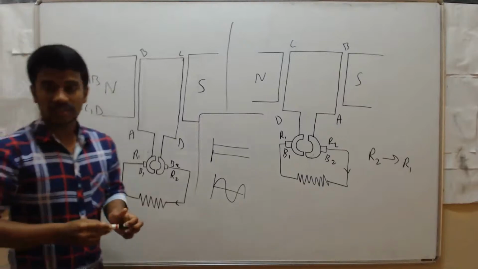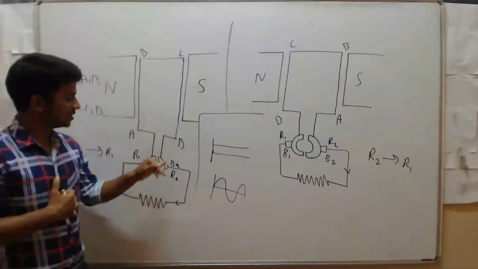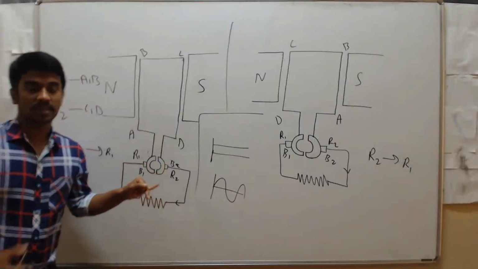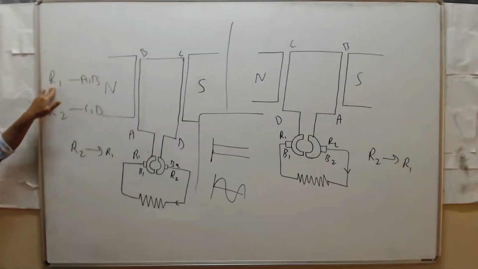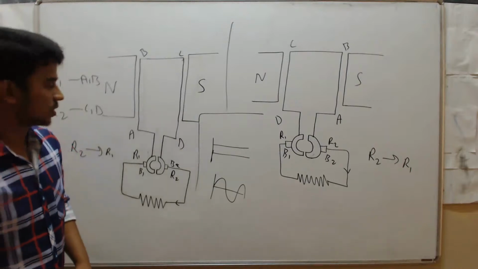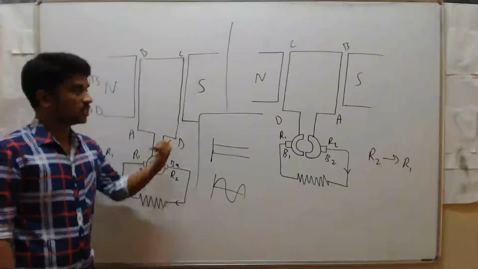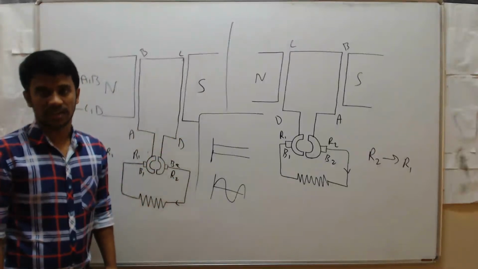But here, this side AB first contacts R1, then later it contacts R2. But AB in the AC generator is not like this. AB is always connected with R1 and CD is always connected to R2. So that's why there the direction changes. But here there is no change in the direction. So this is the working of the DC generator.